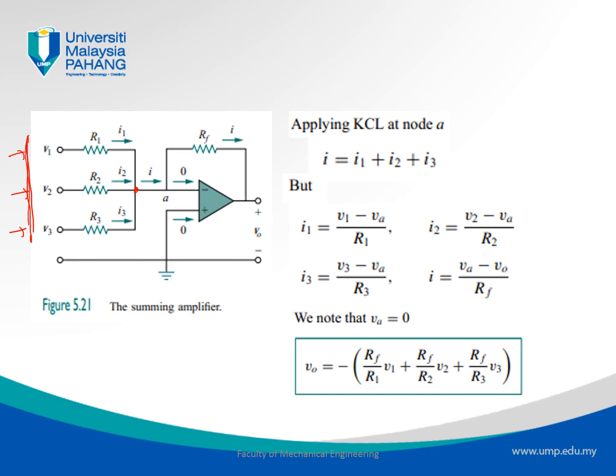In the input branches of V1, V2, V3, we put a certain resistance R1, R2, and R3, and the currents that go across the resistances will be called I1, I2, and I3, right? And they are all gathered. So if we write KCL, it will produce a sum of I, which is I1 plus I2 plus I3.